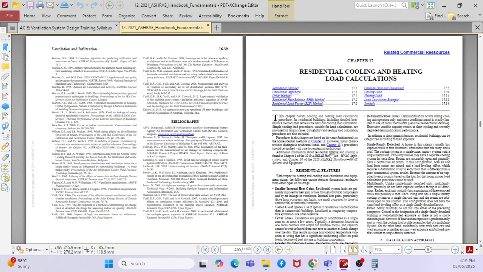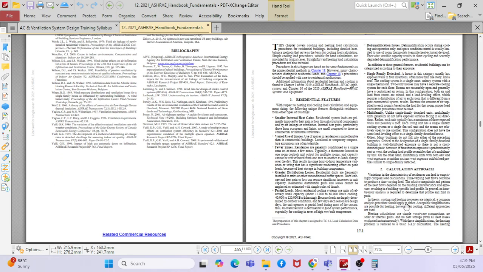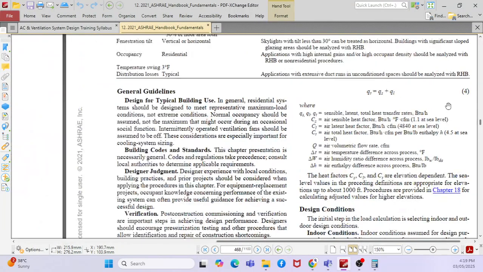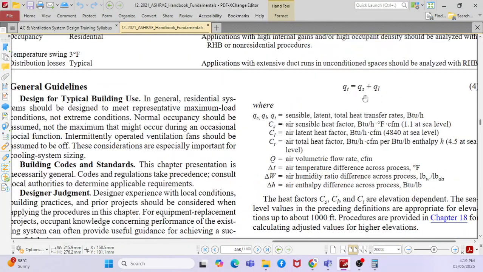Here you have all the definitions. If you go further down, there is a calculation approach. You can see the total load equations. The total load is nothing but sensible load plus latent load.